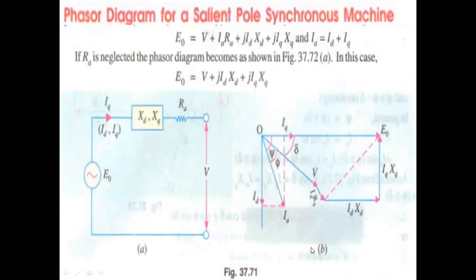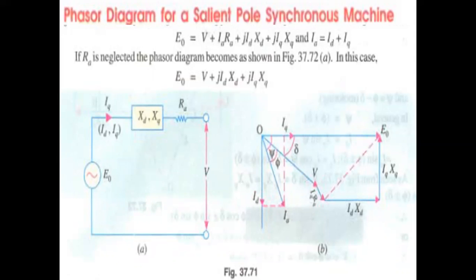If you see figure B, the armature current IA is resolved into two components. First one is ID, which is perpendicular to E naught, the direct axis current. And IQ is along E naught, that means in phase with E naught.